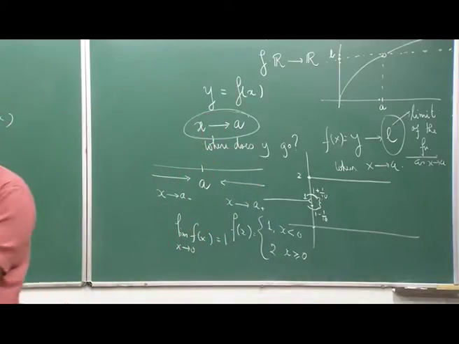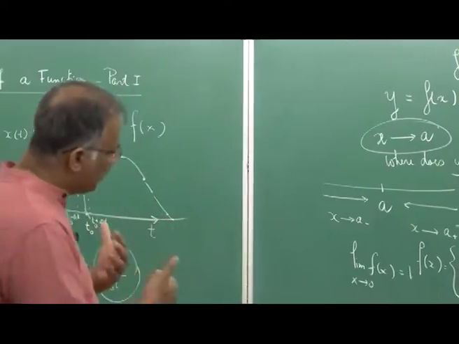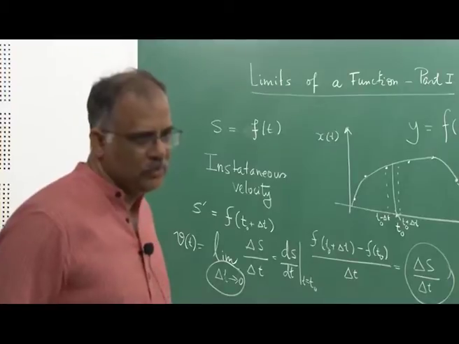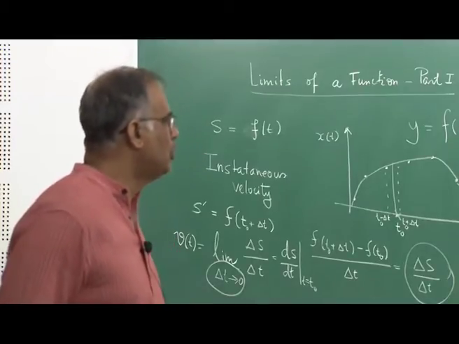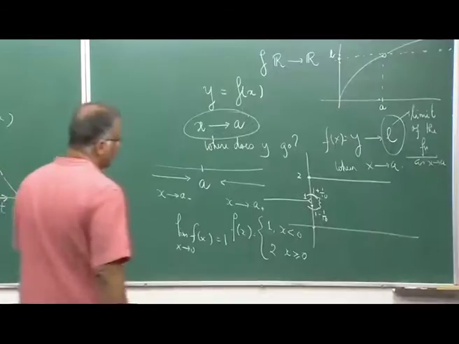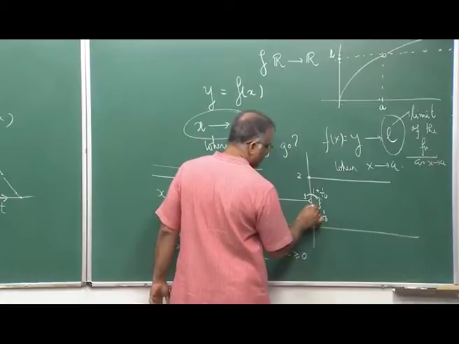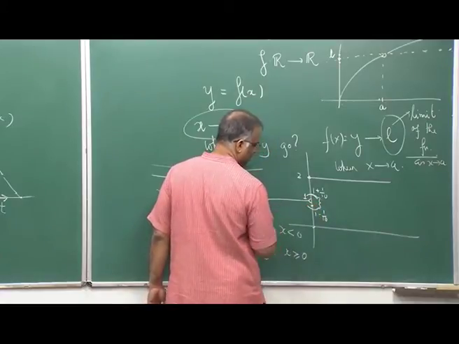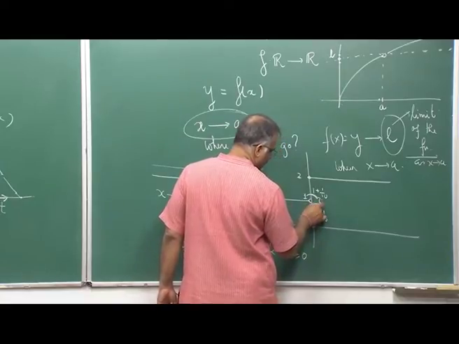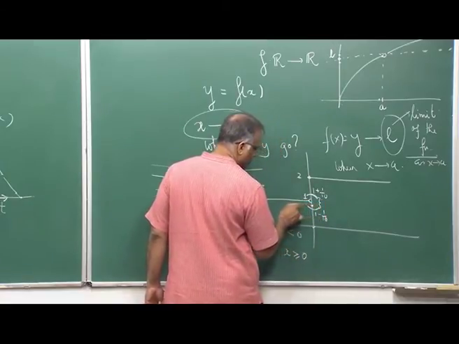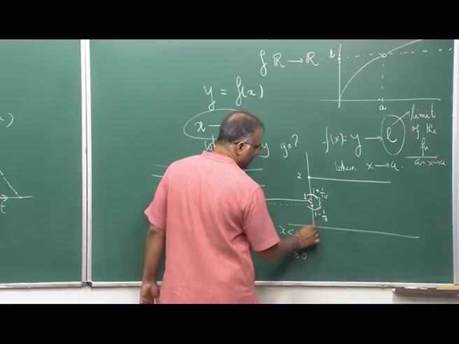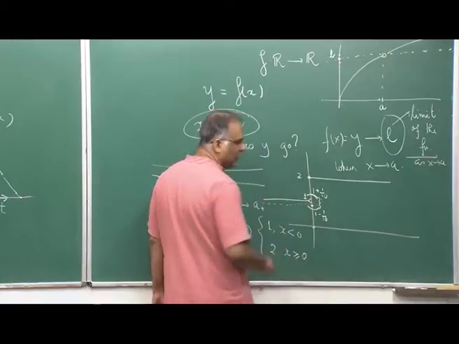Within that open interval, 1 plus 1/10 and 1 minus 1/10, I take any point. I have to show that the corresponding x here, given this value, is there any corresponding x, near 0, which gives you the same value?